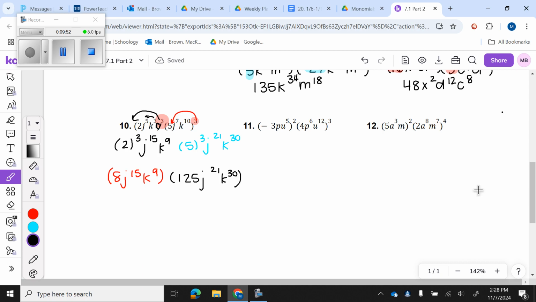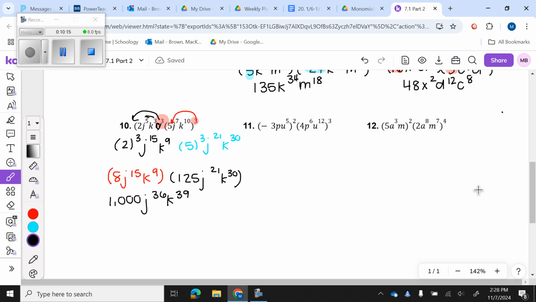Well, now that I've done the power rule, I have to come back in here and do the product rule. So I'm going to do 8 times 125, which is going to give me 1,000. j to the, add your exponents, 15 plus 21 gives me 36. k to the 9 plus 30 gives me 39.